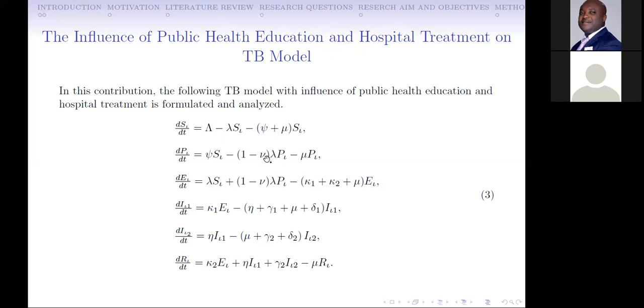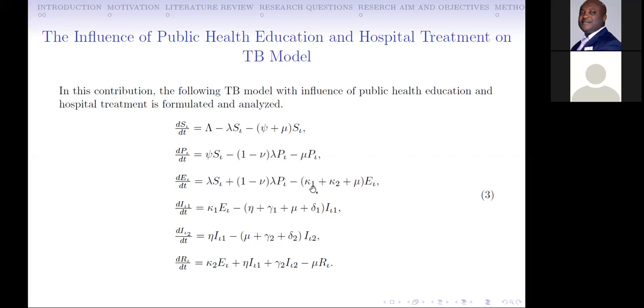We have the small v here, which represents the rate at which those who are educated, who know how TB is spread and know the signs and symptoms of the disease, progress to the exposed class, but at a low rate.